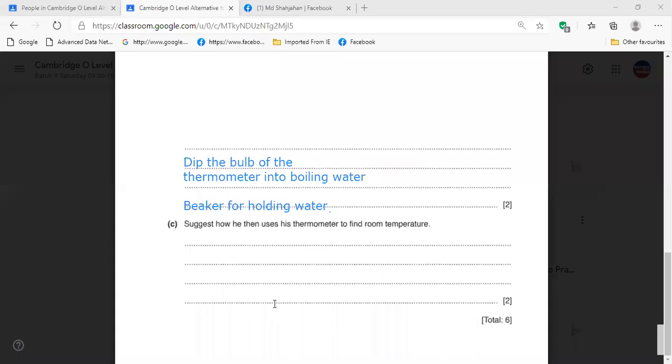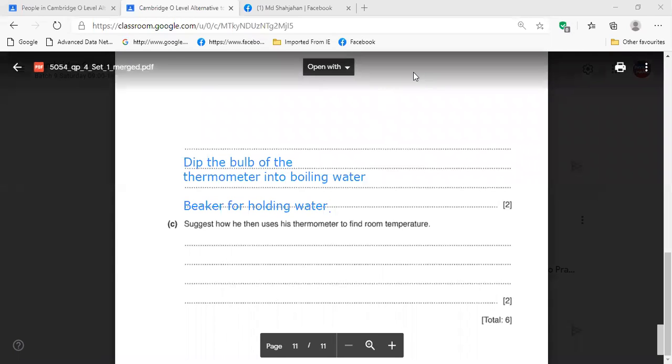What I said is, your thermometer, you already said you got two points, right? One is the ice point, another is the steam point.